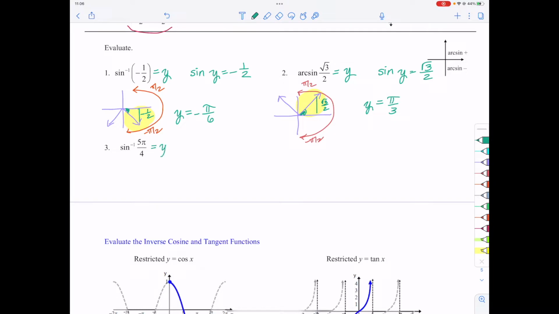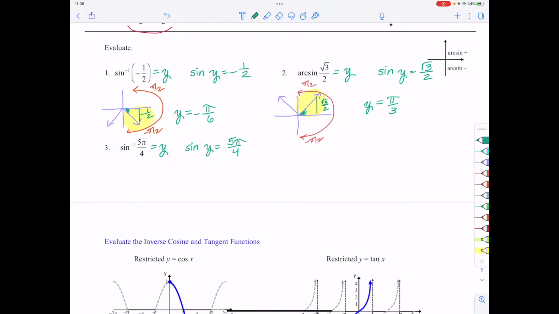Okay, let's go to number 3, sine inverse of 5 pi over 4. We set that equal to y. And so we know that the sine of y is equal to 5 pi over 4. Now, the sine or the cosine of any angle must be between negative 1 and 1.